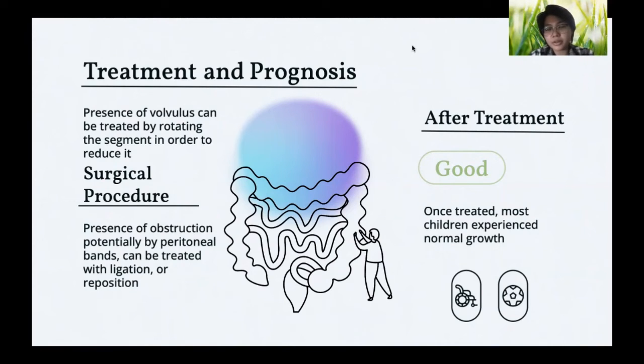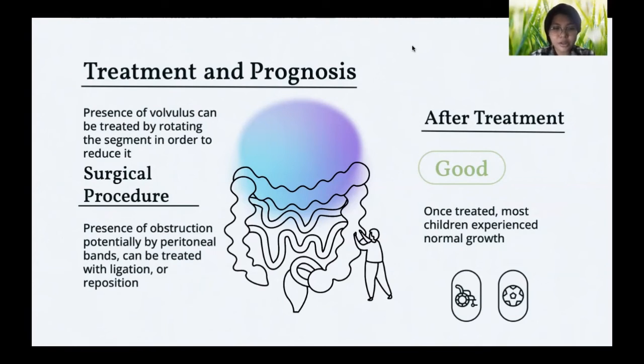And now the main treatment of intestinal malrotation is through a surgical procedure. The main target of the procedure is to detect any volvulus or any obstruction. In the case of volvulus, it can be treated by rotating back the segment in order to reduce the volvulus.